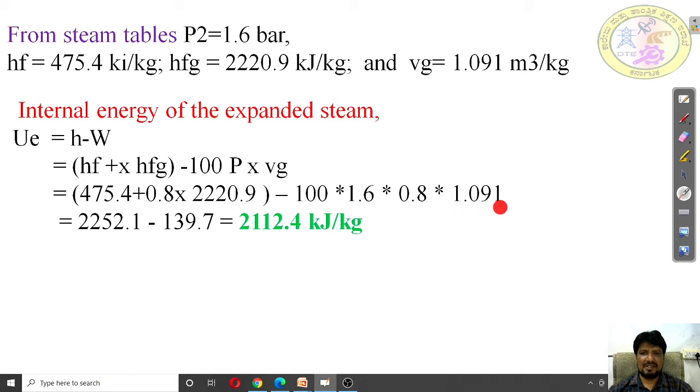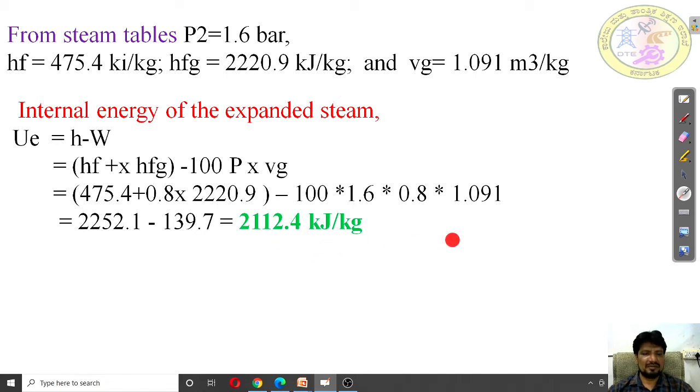Then Vg value from the steam table, Vg is 1.091. Now you calculate this and finally get 2112.4 kilojoules per kg. This is the internal energy when it is expanded.